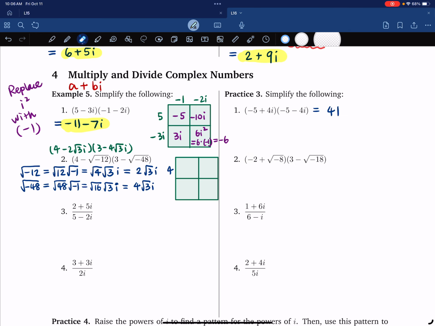Let's put these numbers in the box. I'm going to use green. So it's 4, negative 2 radical 3i, and then 3, negative 4 radical 3i.